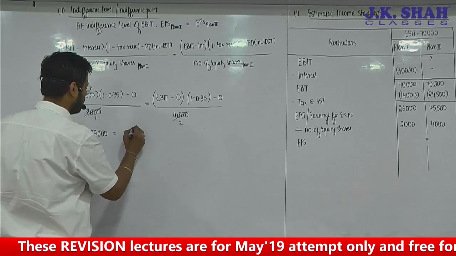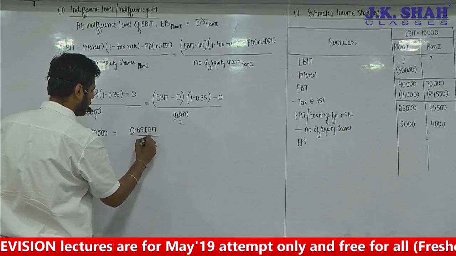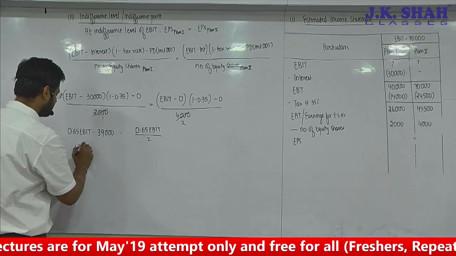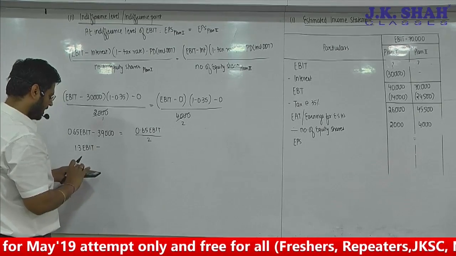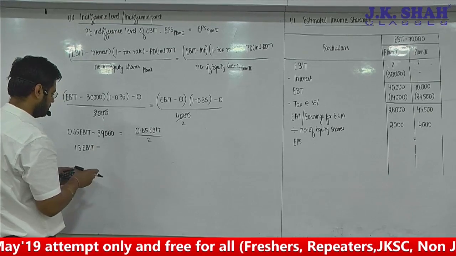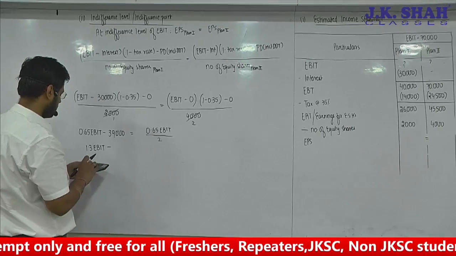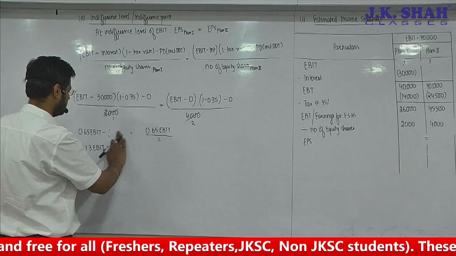This equals 0.65 EBIT divided by 2. So we can hit this here, 2 here. So that's going to give me 1.3 EBIT minus 30,000 into 0.65, which is actually 19,500.